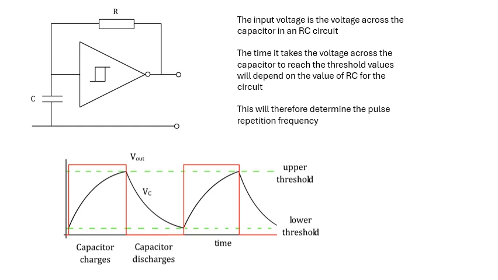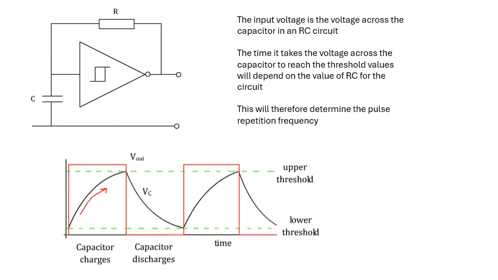Now, if we combine my Schmitt trigger with an RC circuit, a resistor and a capacitor, then we can actually produce an astable. And basically the time it takes for the pulses, my pulse repetition frequency, depends on how long it takes the capacitor to charge up. If you look at this diagram, my capacitor is charging. You should recognize the curve there for the capacitor charging.